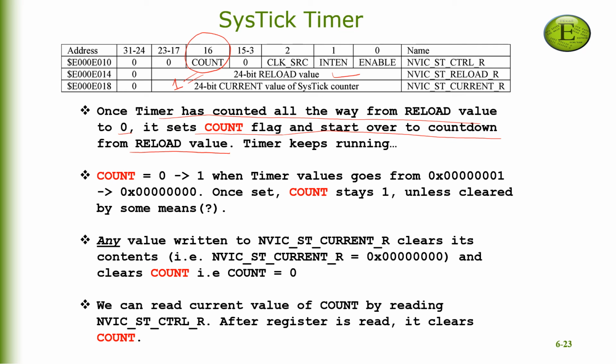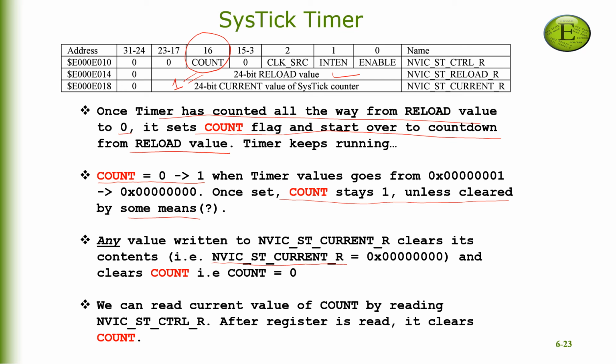Whenever the first countdown iteration is complete, the count flag is set to 1, and it stays 1 unless we explicitly have it cleared. What are the ways to clear the count flag? One of the ways is that we write some data to the NVIC current register, which is holding the current value of the timer.